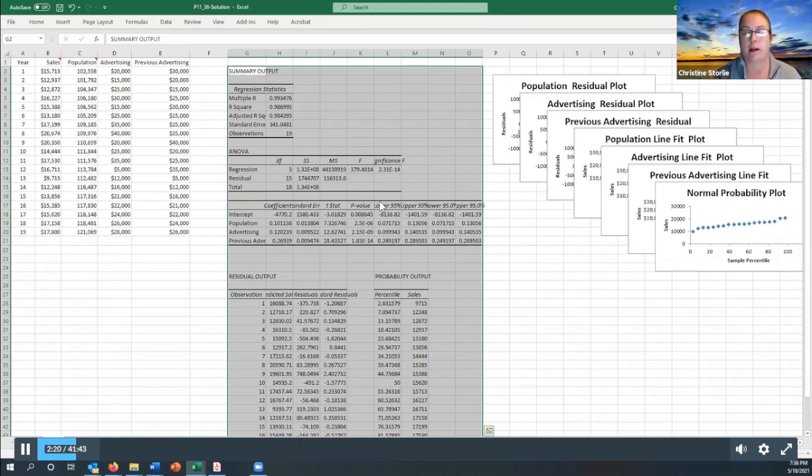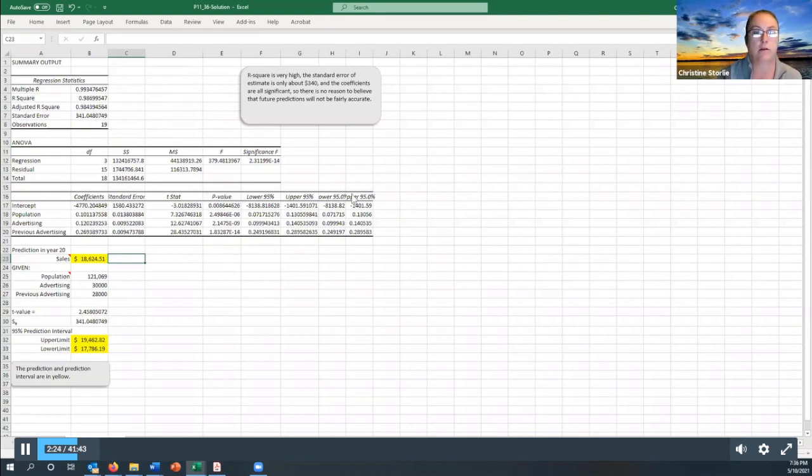All right, so those are all our outputs. Again, we would not need the residual plots. Looking at my answer sheet here, the main thing they wanted to know was how good the model fit.